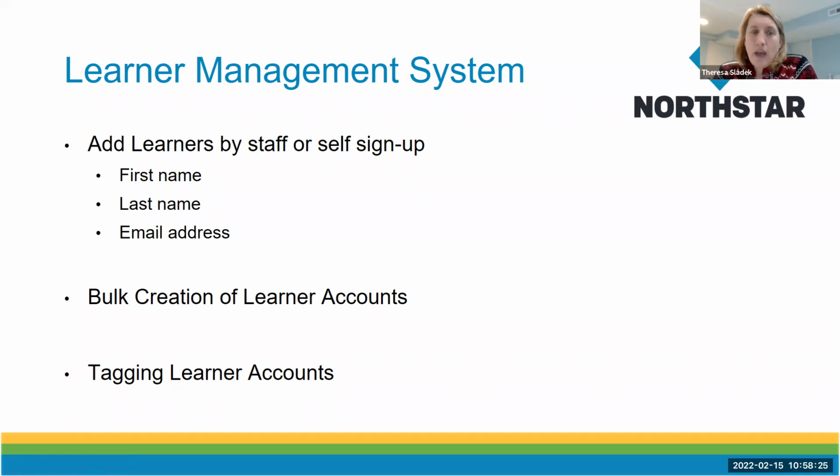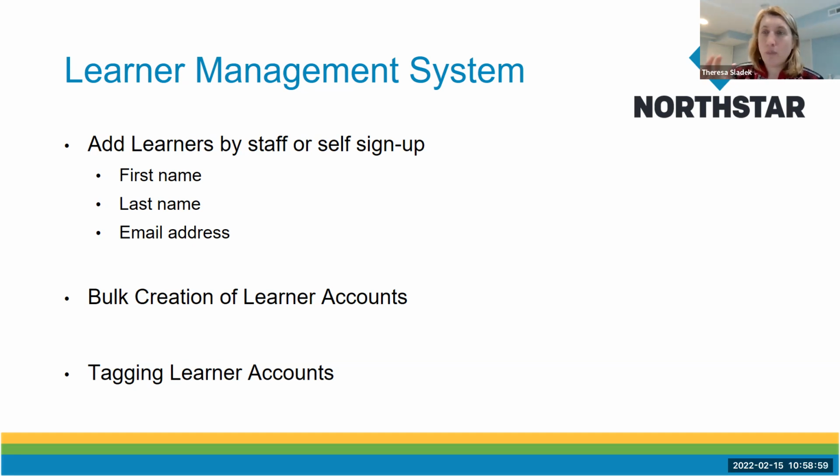We also have a feature that allows you to tag learner accounts. The reason this is important is that the default for all of the Northstar reports is that the bigger picture reports show you everyone in your learner management system. Sometimes you might want to see just those people in a specific class, taught by a specific instructor, or maybe even in a specific zip code.